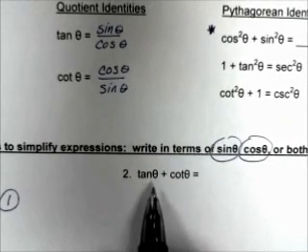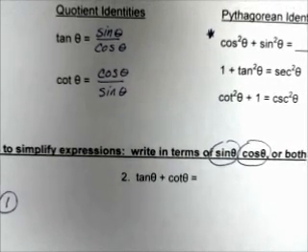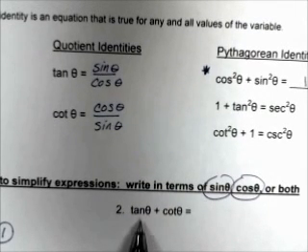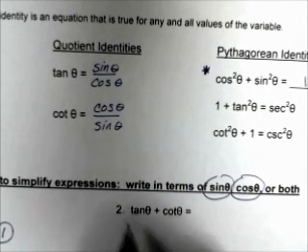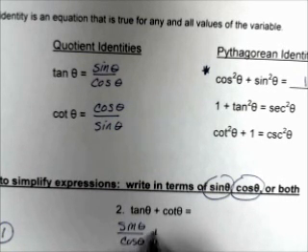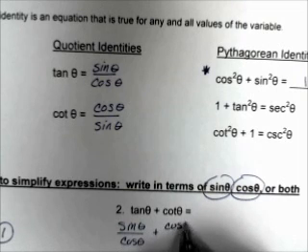Number 2, tangent theta plus cotangent theta. Take tangent theta and write it in terms of sine and cosine, so we'll replace it with what it's equivalent to, sine theta over cosine theta. And cotangent in terms of sine and cosine is equivalent to cosine theta over sine theta.